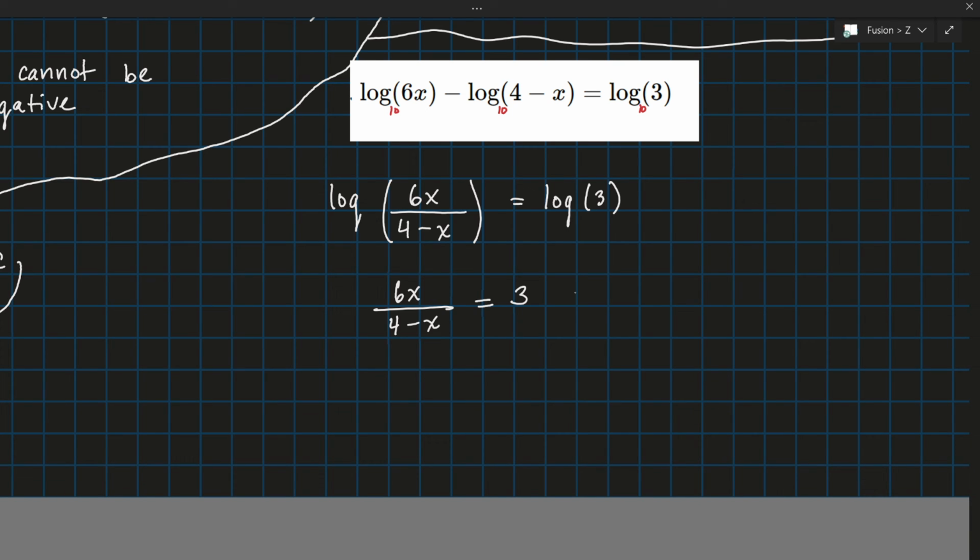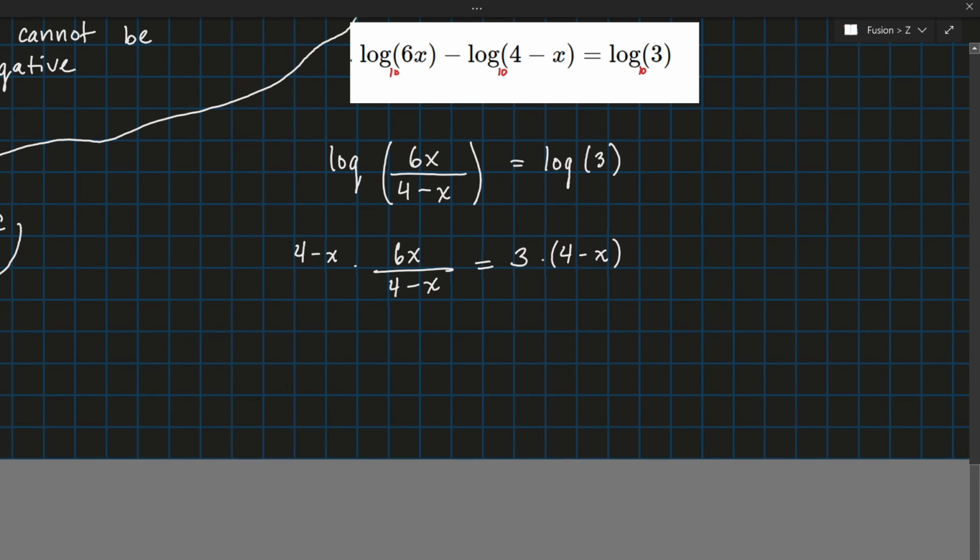And now we just solve for x. We'll multiply both sides by 4 minus x. That gets it out of the denominator, and it becomes 12 minus 3x.